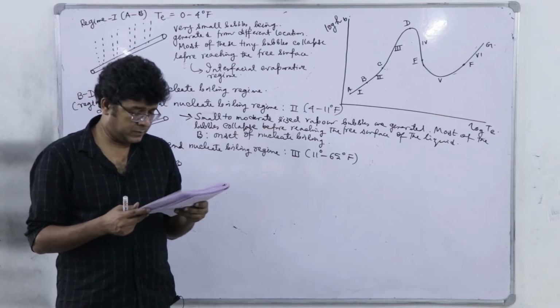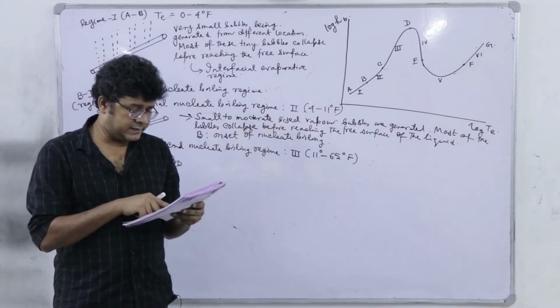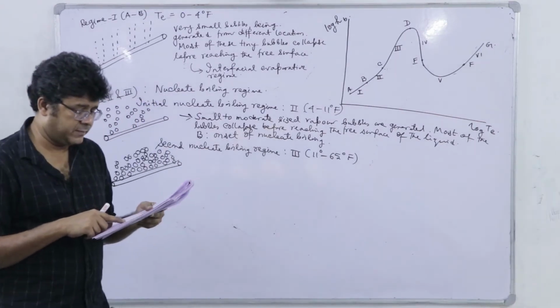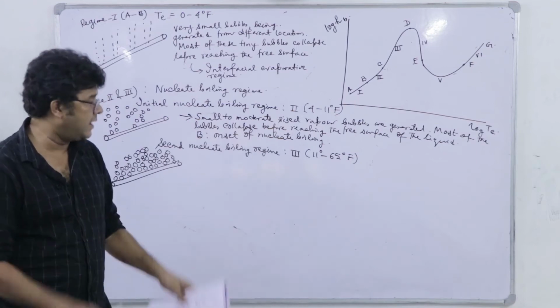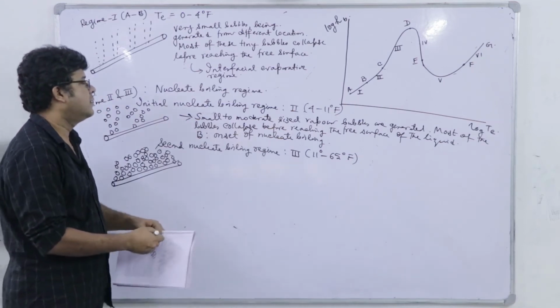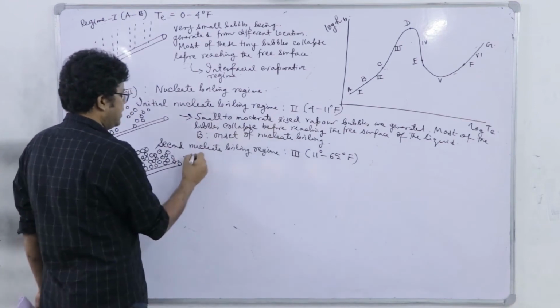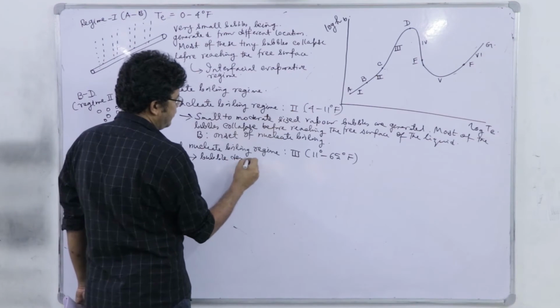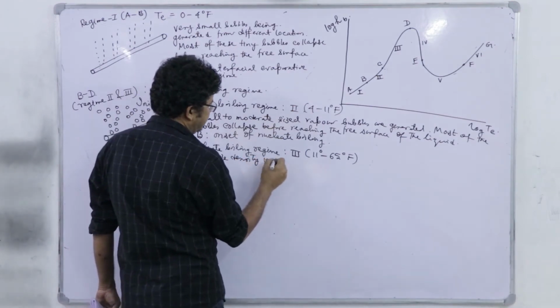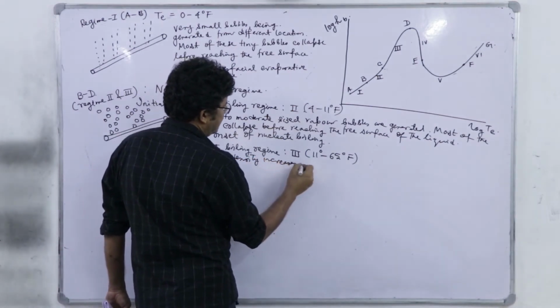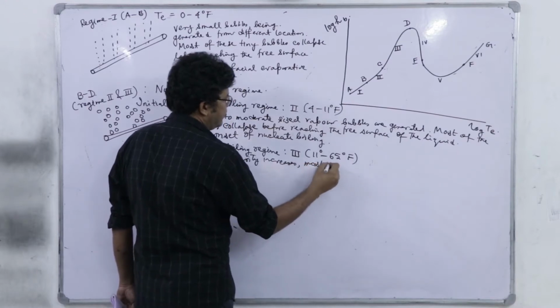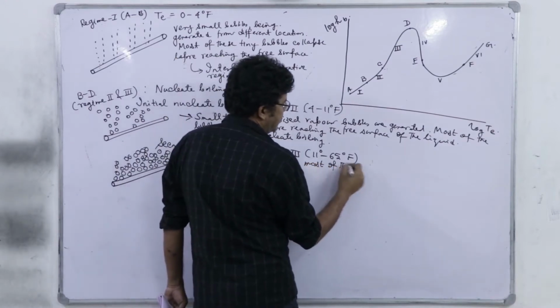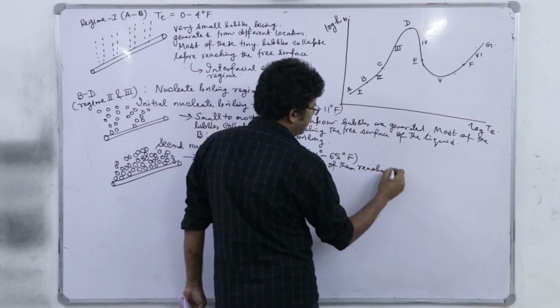So, you see a large number of vapor bubbles are generated and vigorously rise to the liquid and escape from the free surface. So, here bubble density increases, most of them reach the free surface.